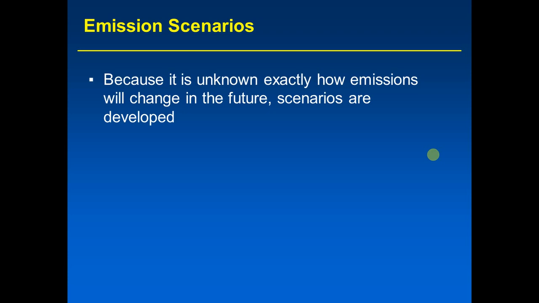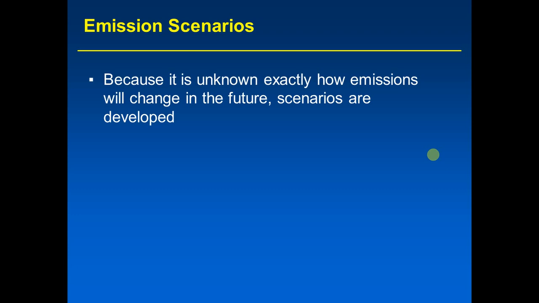So we need to develop emission scenarios for the climate models that look at different possible paths of emissions. Okay, will emissions keep going up? How much? Will emissions stabilize? Will emissions decrease? So global climate models take into account different emission scenarios and then forecast climate change based on them.